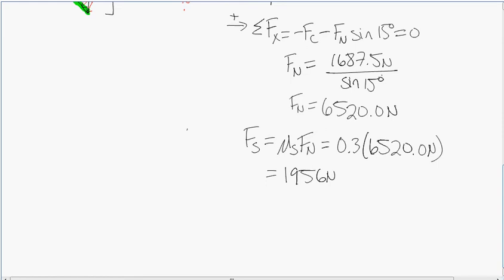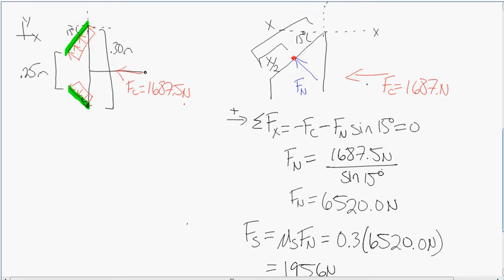So now we need to solve for the particular radius at which this normal force is applied. We know the inner radius is 0.125 meters. The outer radius is 0.15 meters.